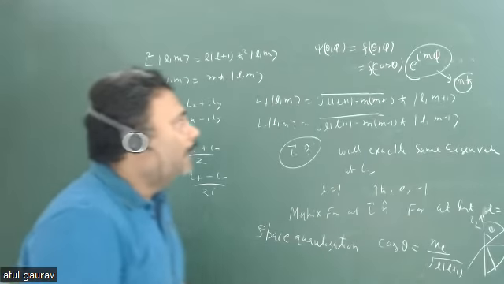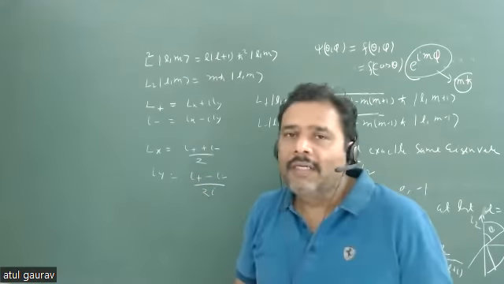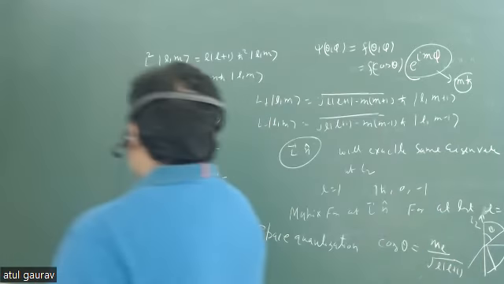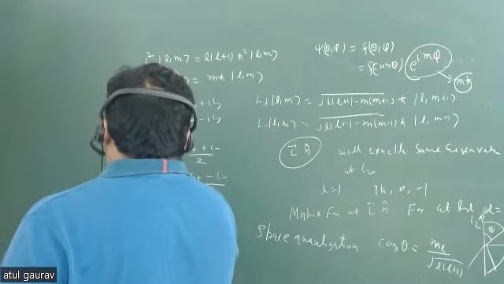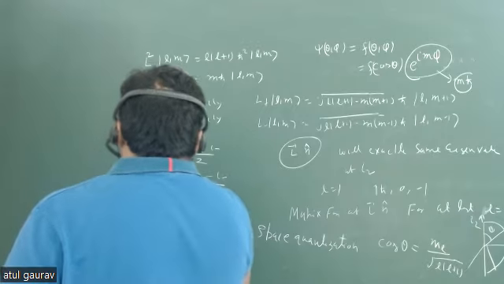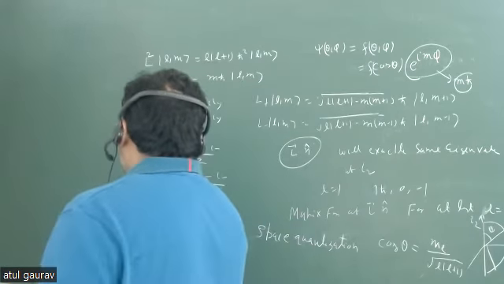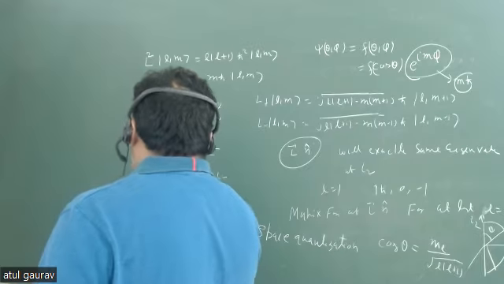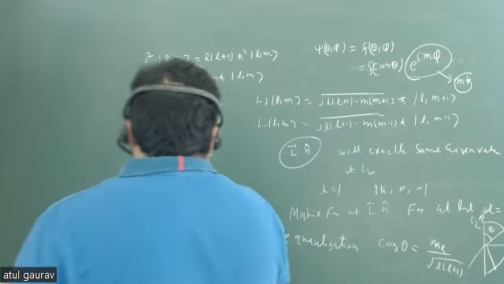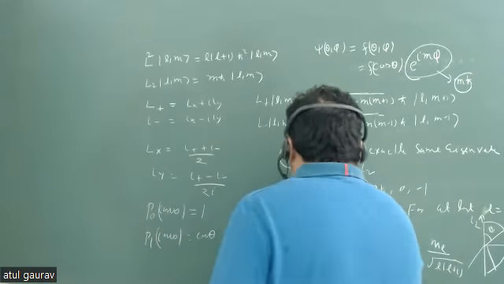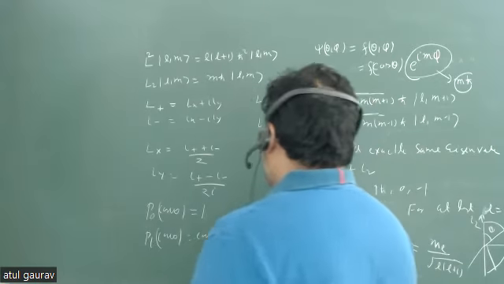So you have to at least remember three Legendre polynomials, right? What is the value of P0(cos θ)? Tell me, what will its value be? 1. And what is the value of P1(cos θ)? cos θ. Very good. And what is the value of P2(cos θ)? You have done it, in many places.